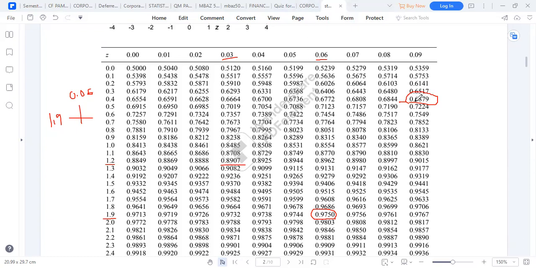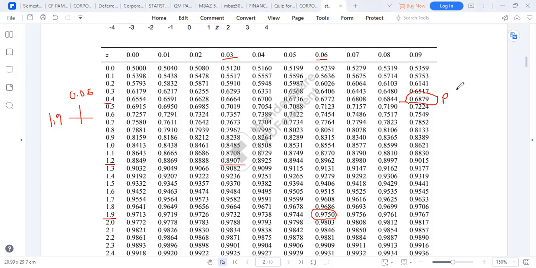So what is the reading for 0.6879? This is the probability. Give me the Z for this. Who wants to try? Esther? The Z for 0.6879, so it's 0.49.